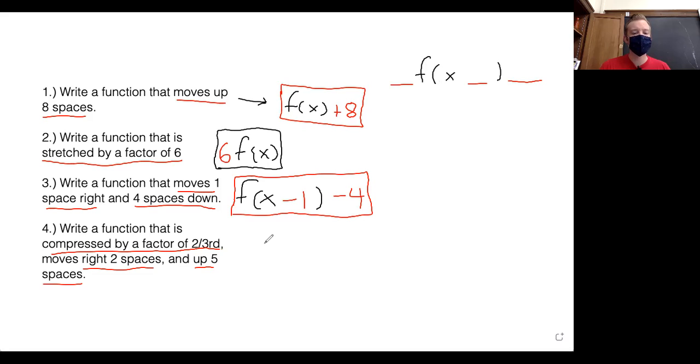So if I'm compressed by 2/3, I would have 2/3 in front of my f of x. But since I'm also moving right 2 spaces, I'm going to have a -2 inside the parentheses with the x. And then I'm also moving up 5 spaces, so I'll have +5 outside the parentheses.